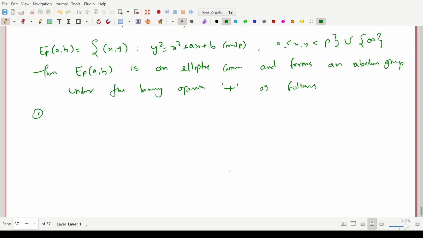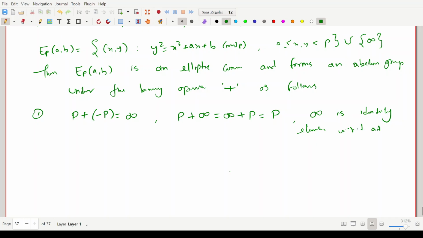First is, if P is added to minus P, then it will give me infinity. That means infinity is the identity element. Okay, P plus infinity is the same as infinity plus P, which is P. Infinity is the identity element with respect to addition.